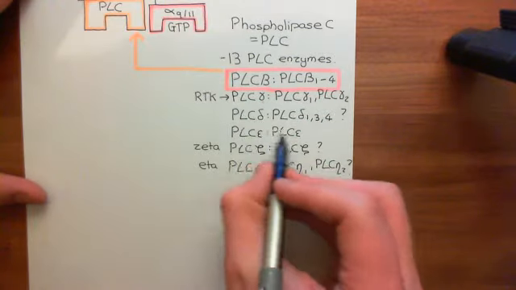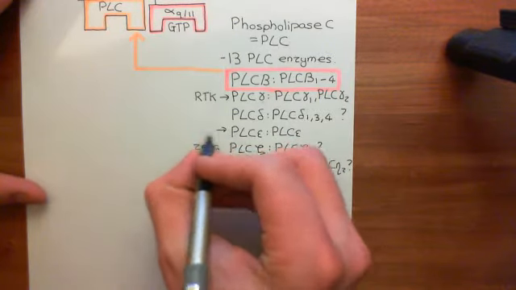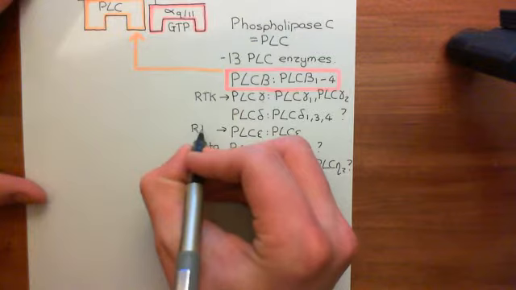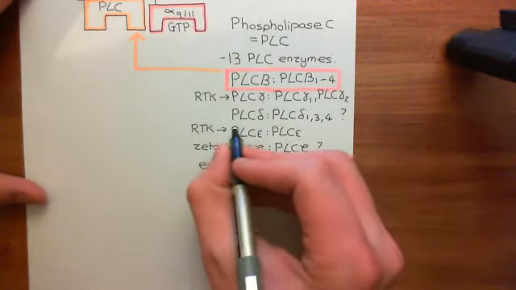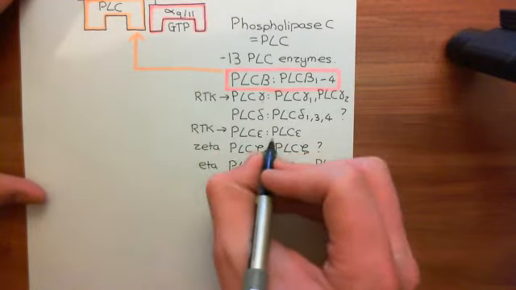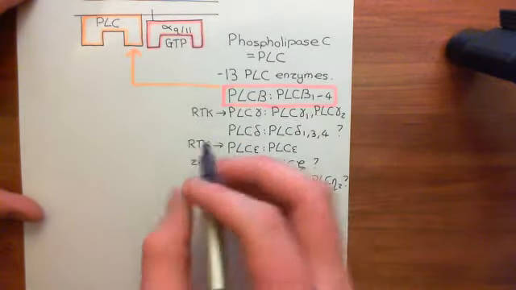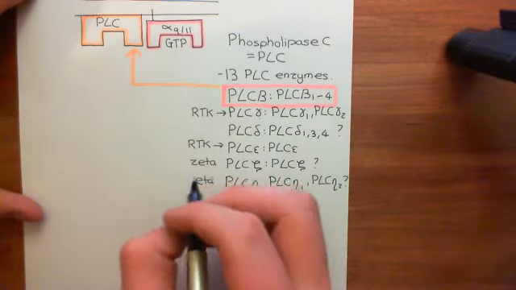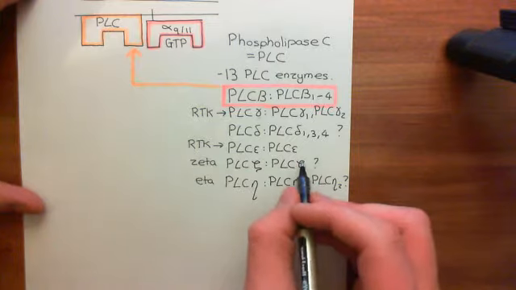And then phospholipase C epsilon is quite curious. It again can be activated by receptor tyrosine kinases, but it can also actually be activated by G protein coupled receptors, but not through the alpha Q/11 pathway. It's got different pathways involving alpha 12/13, and we're not going to discuss that here.